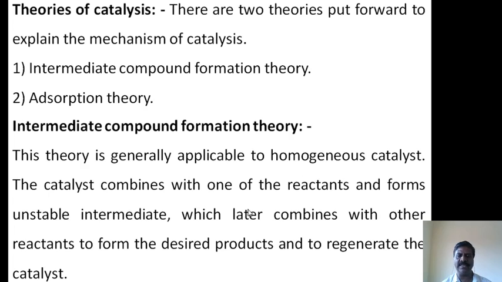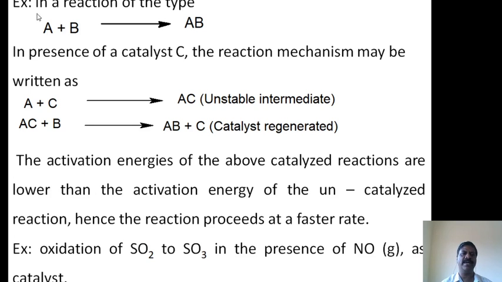Then that intermediate product combines with the other reactant and generates the free catalyst. This type of process is called the intermediate compound formation theory. For example, in this reaction, A plus B forms AB. Now this is the reaction.